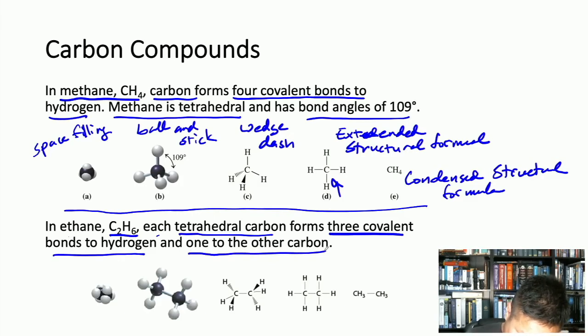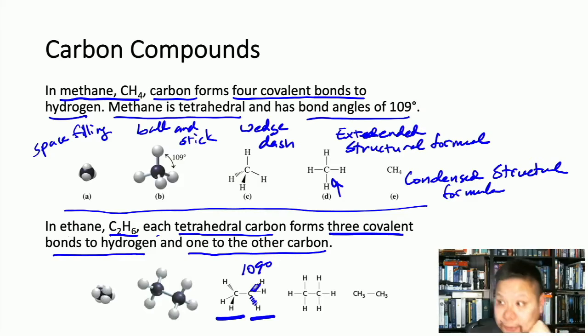And you can see that represented very well here with the wedge and dash model, how this is 109 degrees as well, tetrahedral. And if you don't remember, whenever the wedge is dashed, like that one, it means it's going back into the wall or into the board. And then when it's solid, like this one, it's coming out of the board towards you, out at you, right?